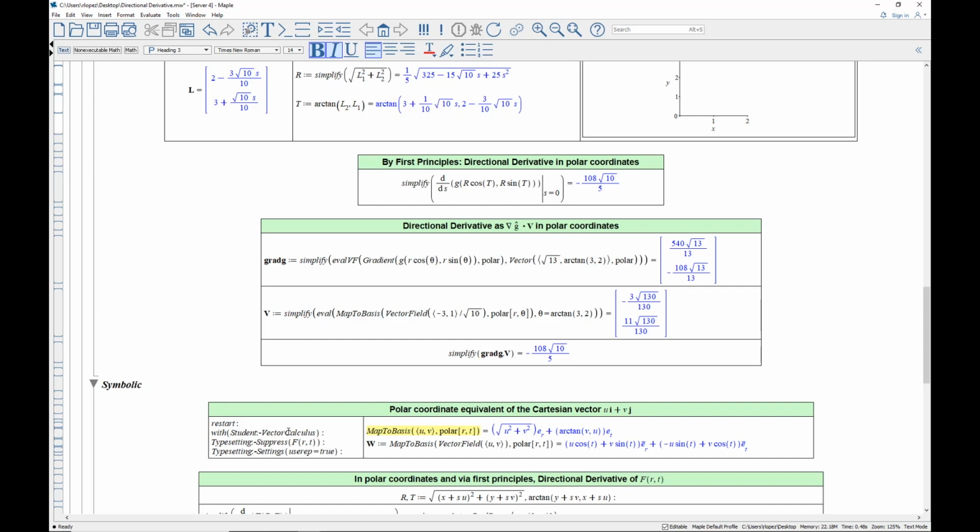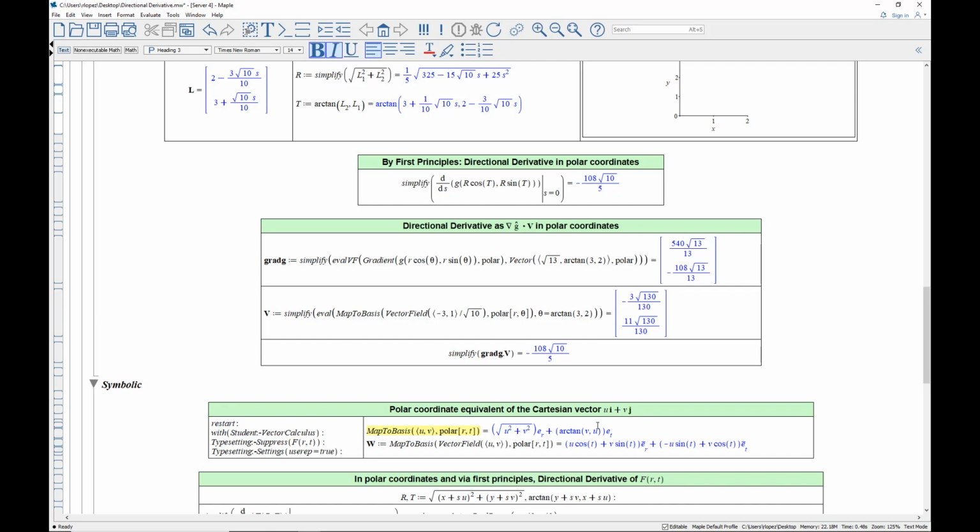So let's work in the student vector calculus package, some notational stuff. First thing that you try, map to basis this vector uv. It's a free vector uv. And it's in yellow because it's a caution. It comes back with this strange representation.